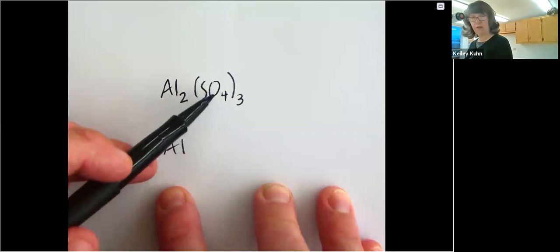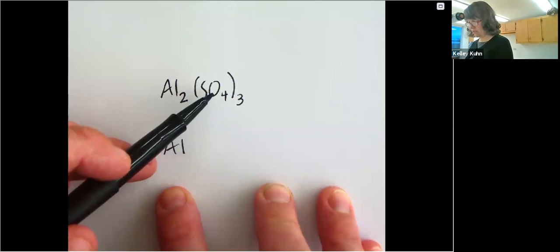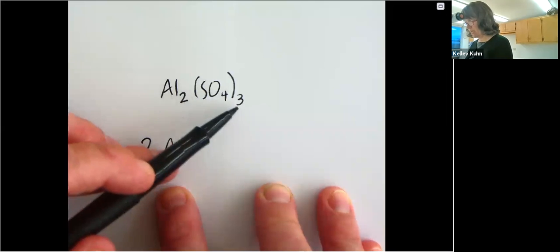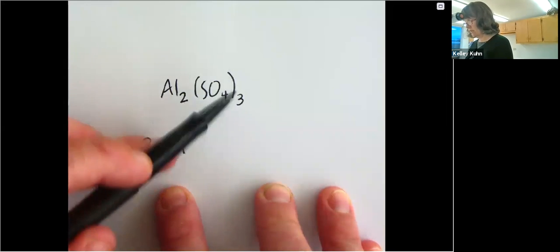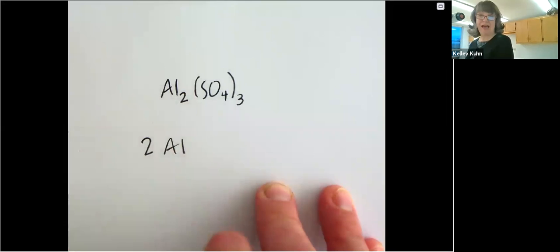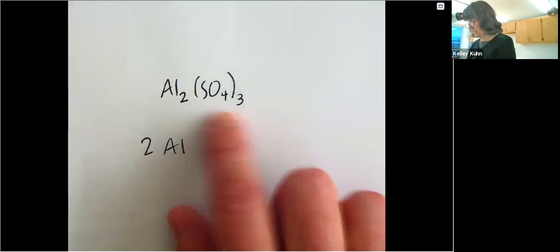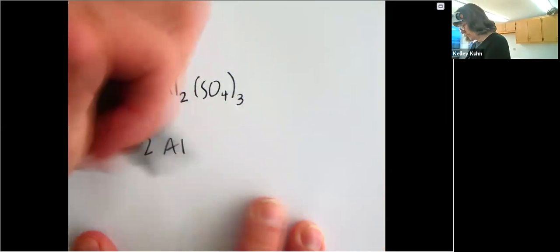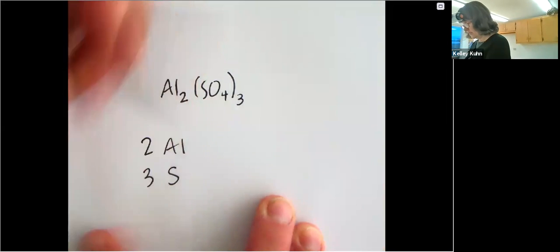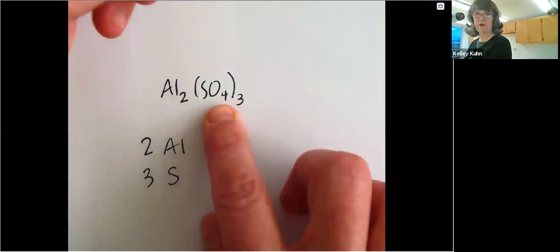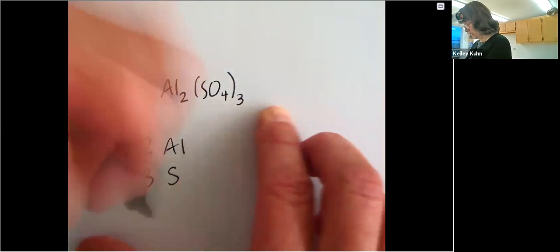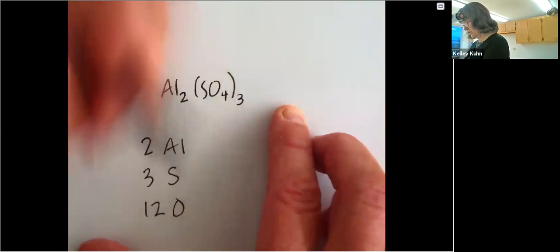This 4 applies to the oxygen, so I have 4 oxygens inside. And the 3 applies to the parentheses. So if we were using mathematical terms, we would say that the 3 distributes. So 3 times 1 sulfur, I need 3 sulfurs. 3 times 4 oxygens, I'm going to need 12 oxygens.